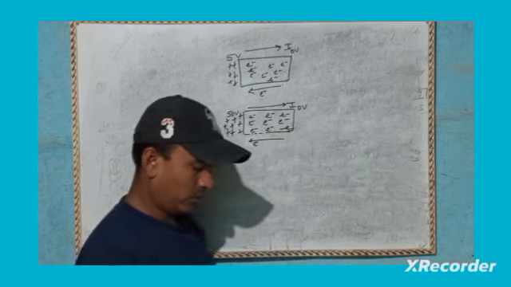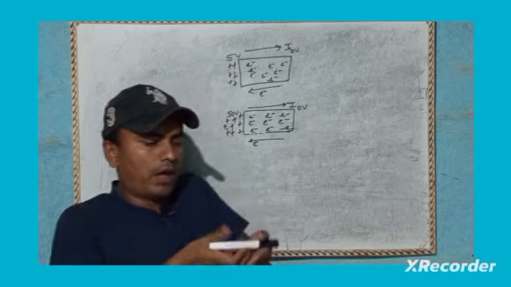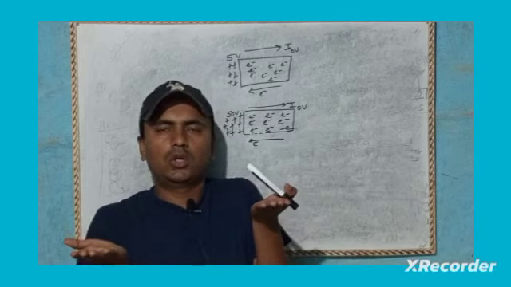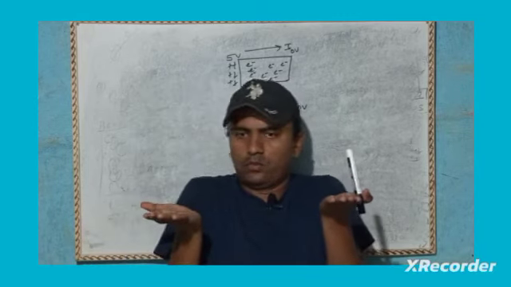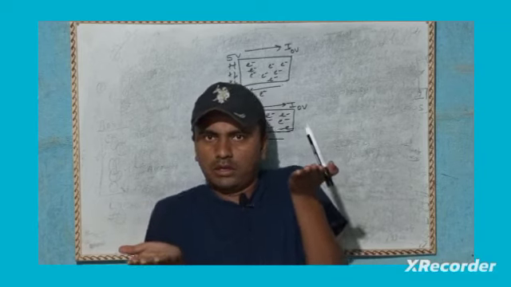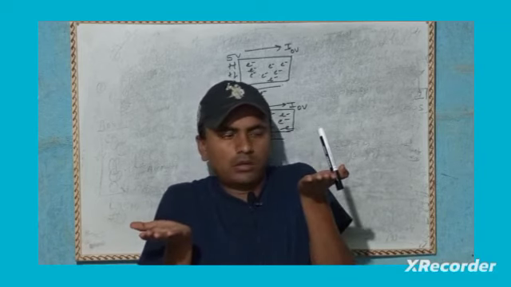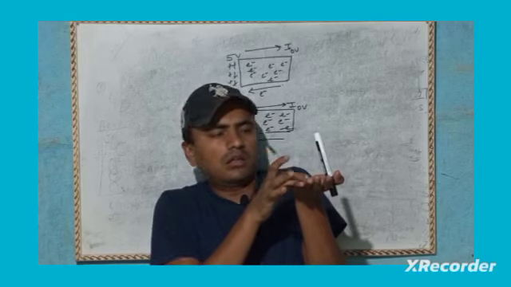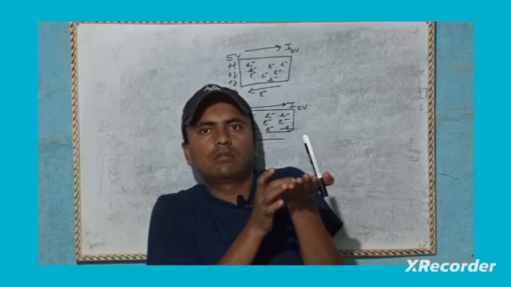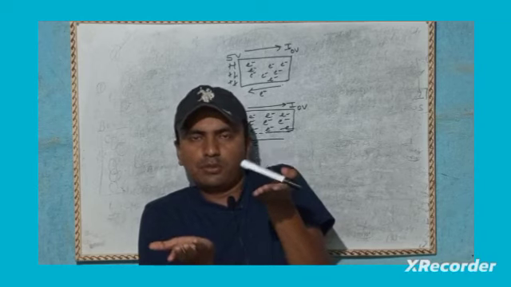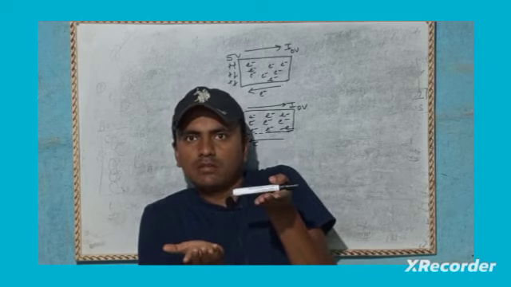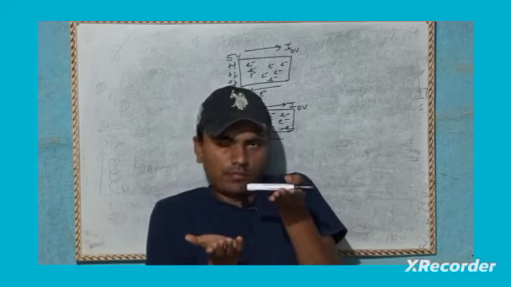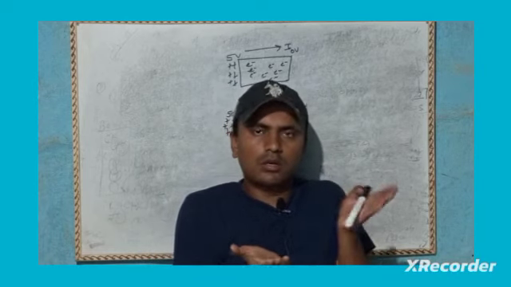Why? Suppose I have two water bodies at different levels. Suppose here the water inside this bucket is 5 liters, then the flow speed of water is I, in the sense of current.